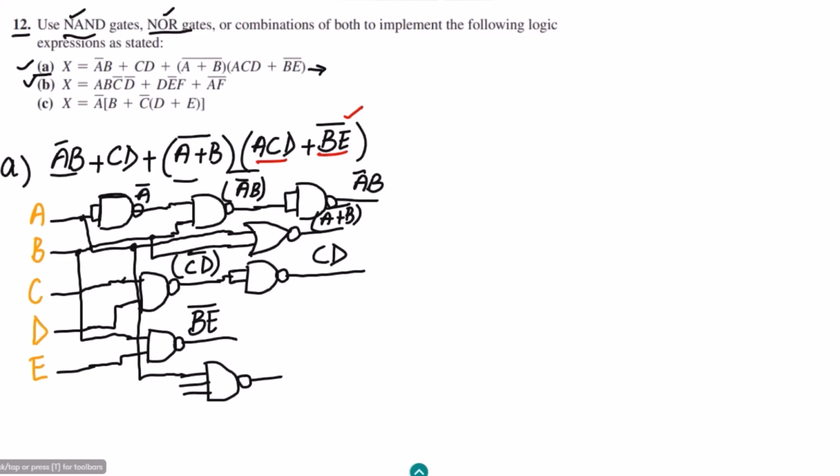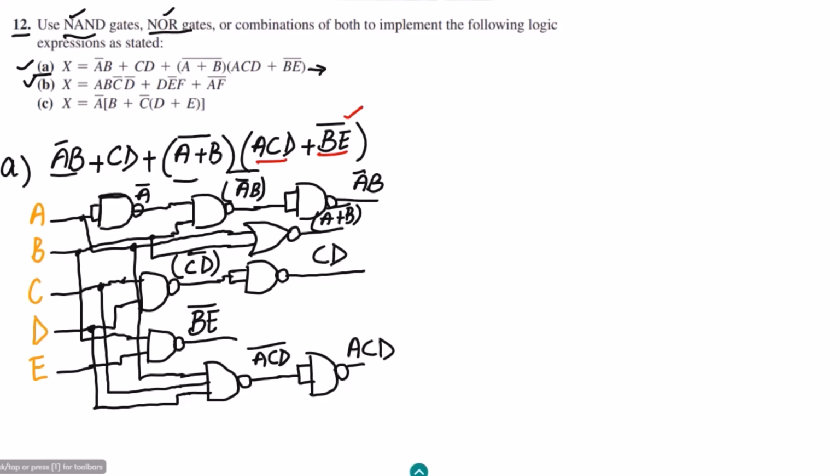Then the second one is C, and the third one here is D. So what will I get here? I will get ACD whole complement, and in order to remove this complement, what do I have to do? These two ends will be combined, and here I will get ACD.